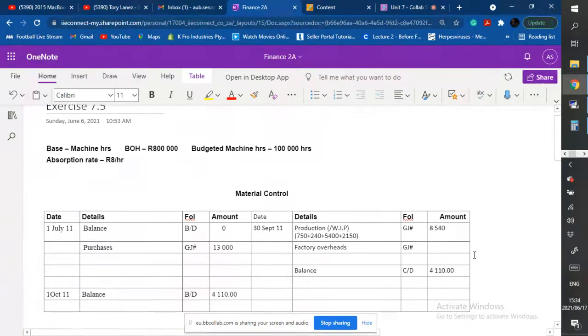Then we go to your factory overheads, this next line here. Again, we're saying, what do we put in there? We go to the actual factory overheads.